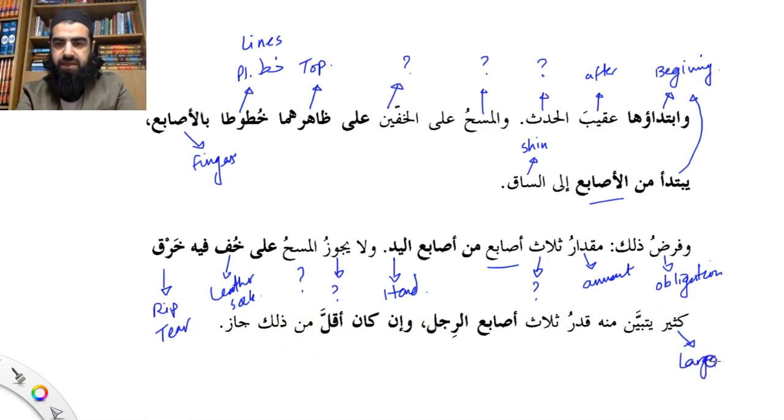Kathir is large or a lot. Tabayyana yatabayyanu is to become clear, to become visible. Qadr, amount. Thalath, we did that. Asabi. Rijl is foot or leg, in this case foot. Aqal is less. And jaza, should know that as well.